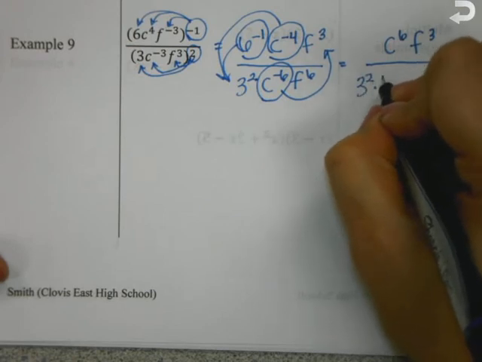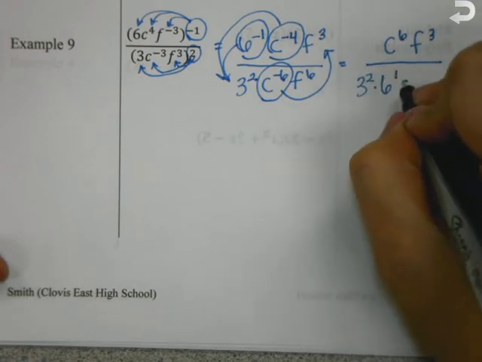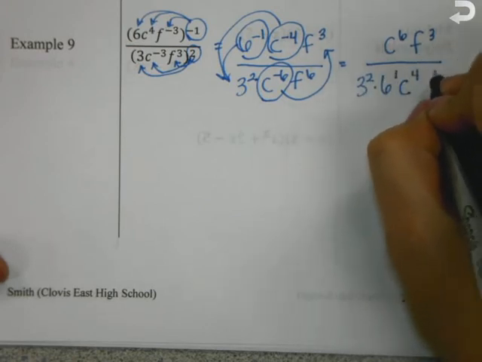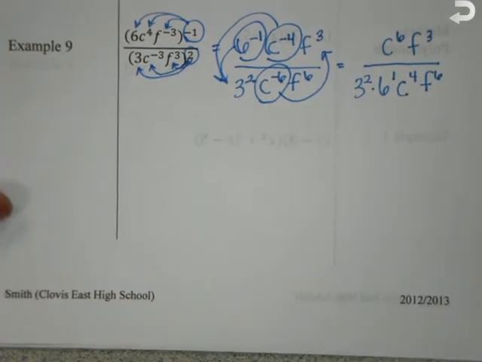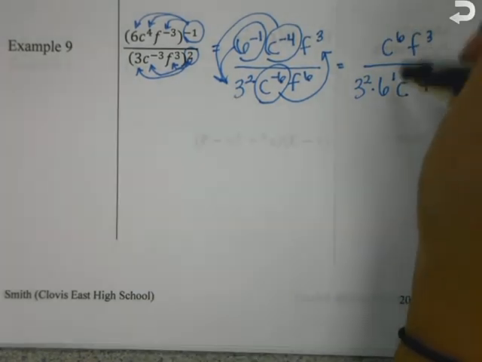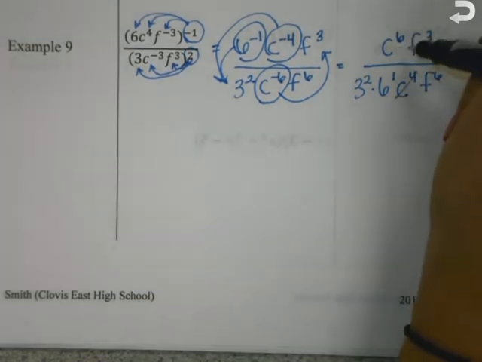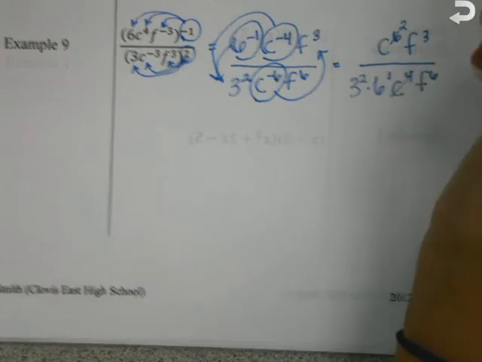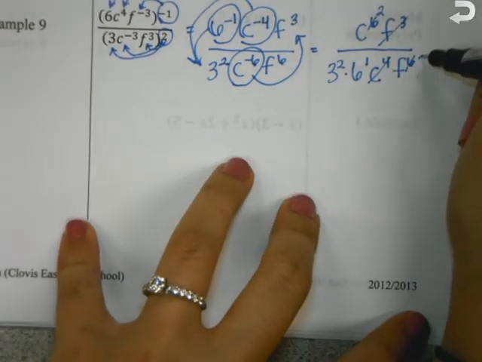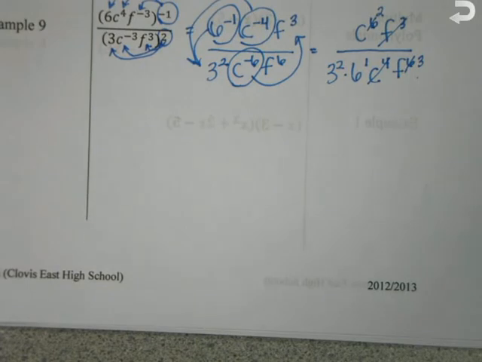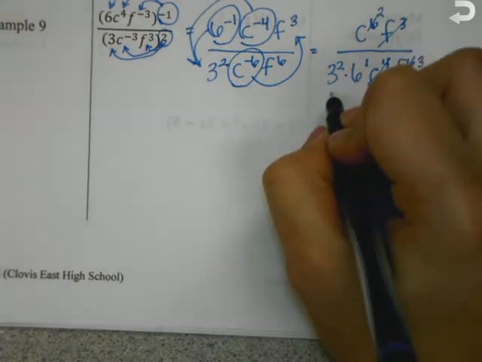And then let's reduce really quickly. The c's can reduce, and there's more on top than on bottom, so that becomes c squared. F's reduce, and there's more on bottom, so that becomes f to the 3rd. 3 squared is actually 9, so 9 times 6 is going to give me 54, so that is c squared over 54 f to the 3rd.